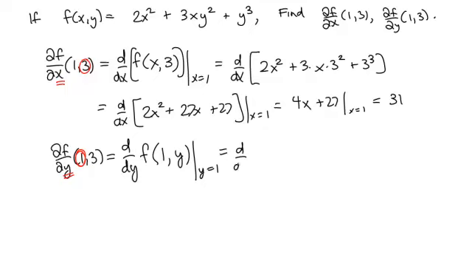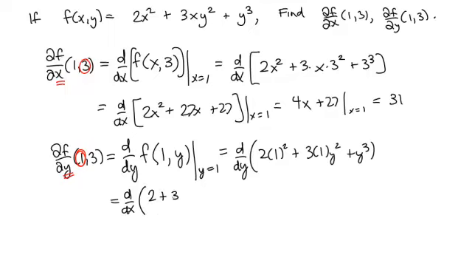So that means I want to take the derivative. If I plug in x equals 1, I'm going to have 2 times 1 squared plus 3 times 1 times y squared plus y cubed. So I'll take the derivative of the function 2 plus 3y squared plus y cubed, evaluated at y equals 3.